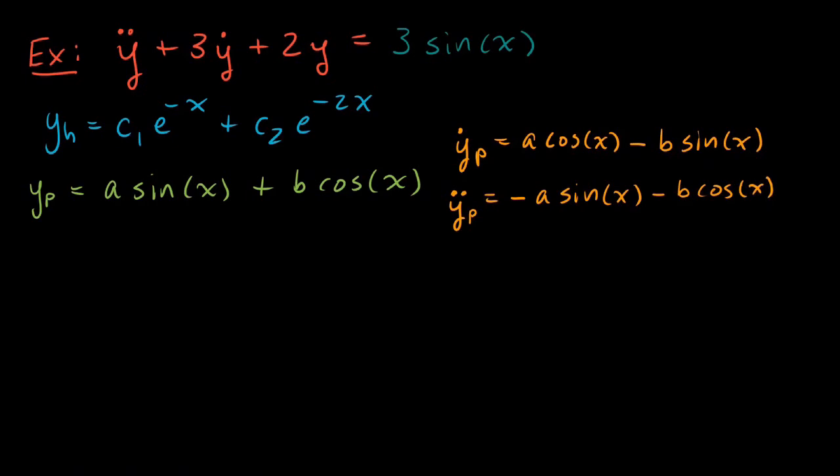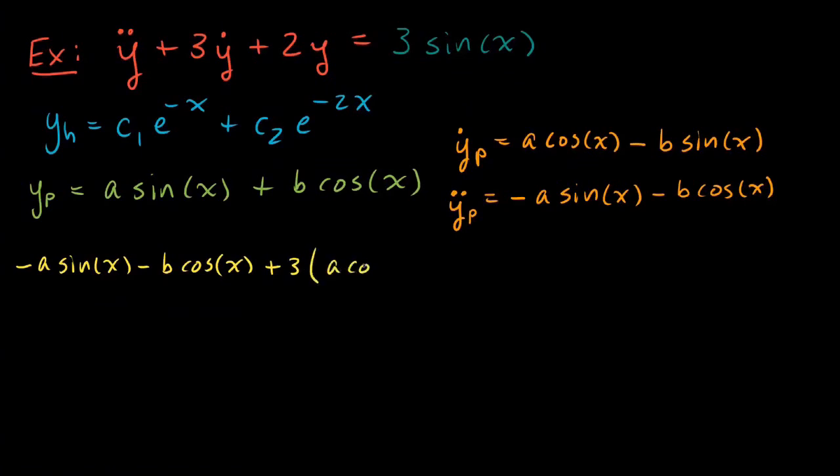Now I need to plug those into the original differential equation left-hand side. Okay, so it's going to take a little bit of writing, but I'm going to start with the second derivative. So I'll have negative a times the sine of x minus b times the cosine of x. Okay, and then plus 3 onto the first derivative.